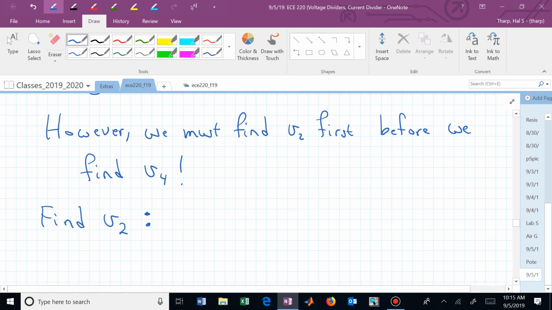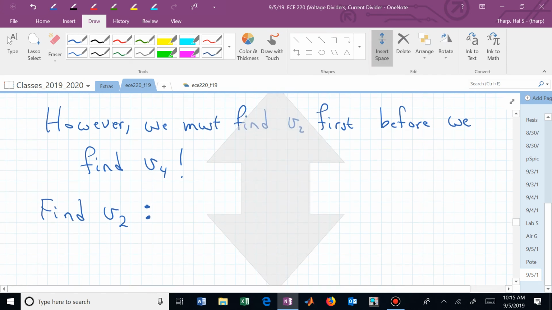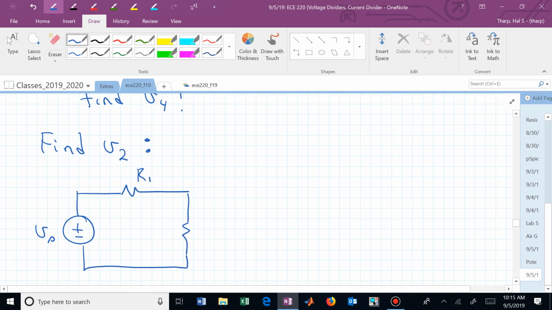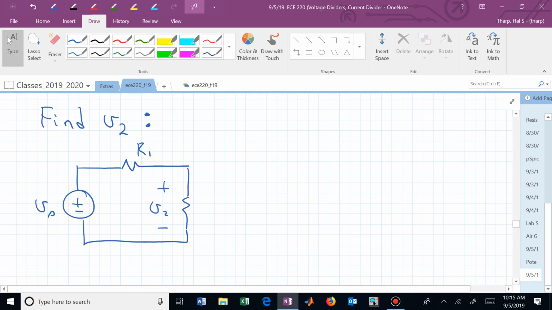And the way that we're going to do that is how? Now we can say, well, here's the source. Here is R1. And here is another resistor, and what's that resistor look like?